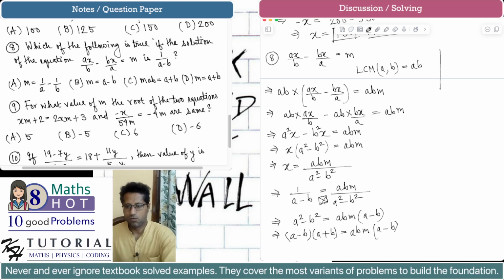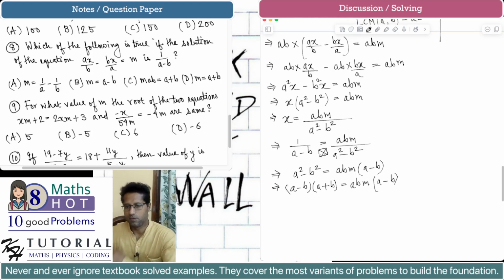We see the common factor a minus b on both sides, and we can cancel it out, and we get a plus b is equal to abm. So this is the relation we got between a, b and m, and we have to choose the correct choice. Clearly we see that C is the correct choice.